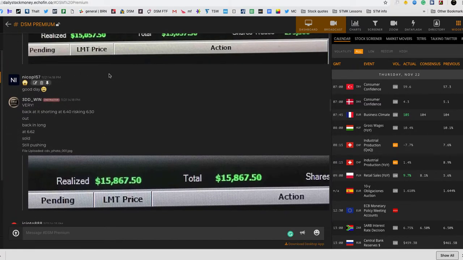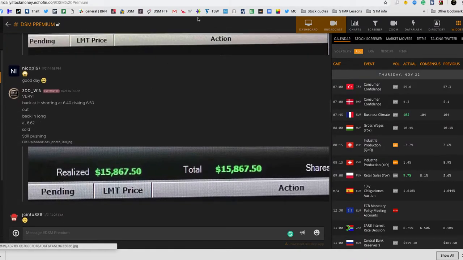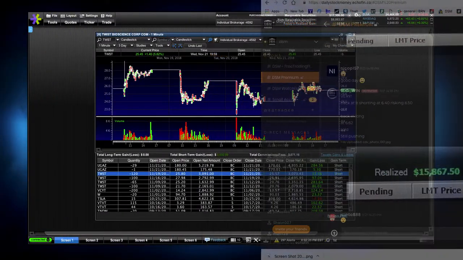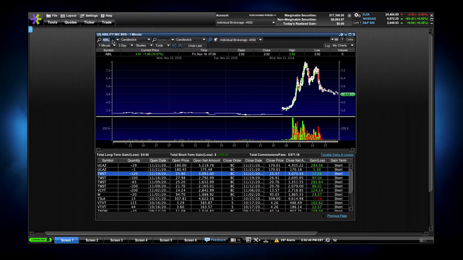In 2-3 minutes after that, he made another 800, and he was just getting in and getting out, because he had a plan. He knew exactly when he had to get out to take advantage of that. For example, long trade. This is ABIL.